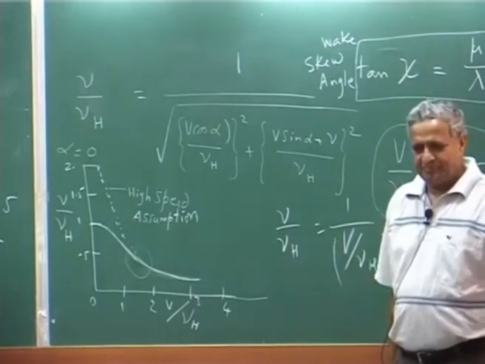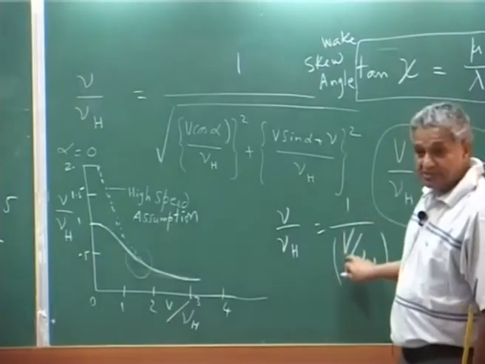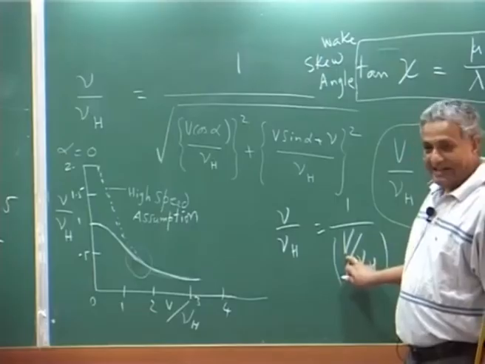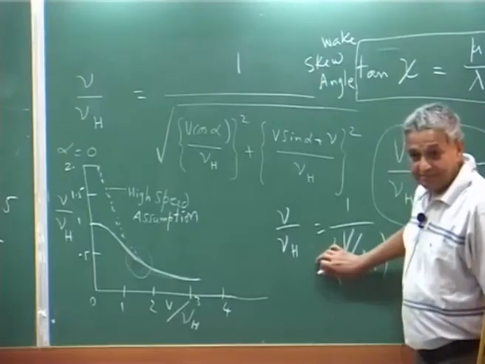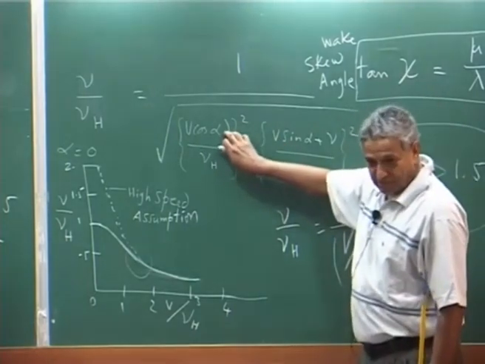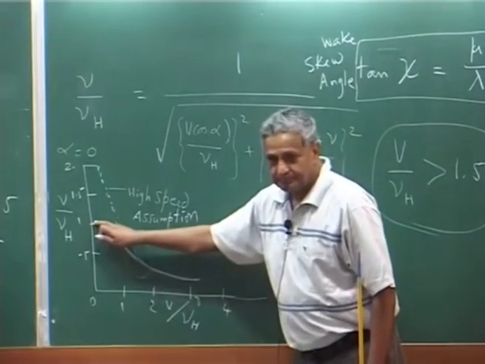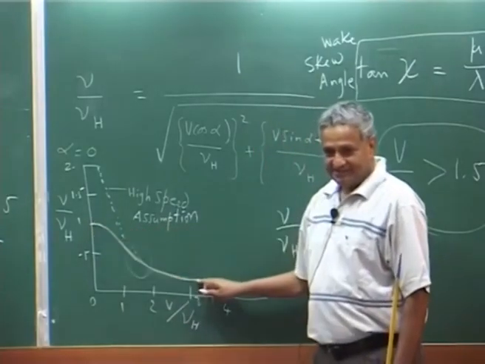Yeah, alpha is 0. See, alpha is small, you can take it because cosine alpha is almost 1, but it is a high speed assumption. Okay, and if I plot this curve, please understand, I have plotted this with alpha 0 exactly. This is the curve, this continuous line.